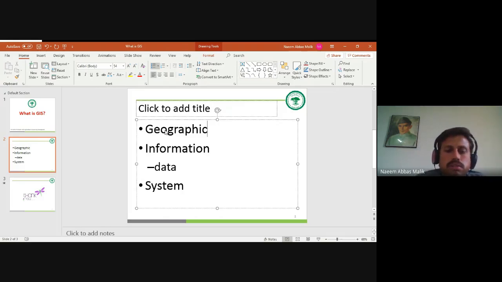That is a very interesting and useful definition to keep in mind: just like other information systems, its function is to convert data into information, but in addition, it deals with spatial data as well as non-spatial data.